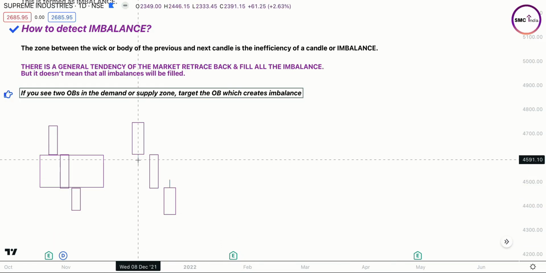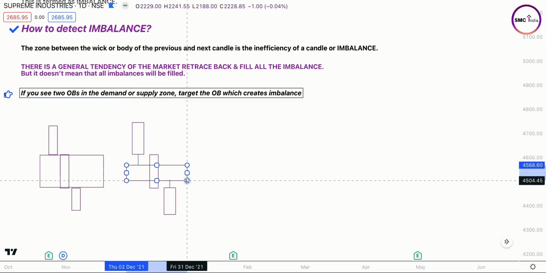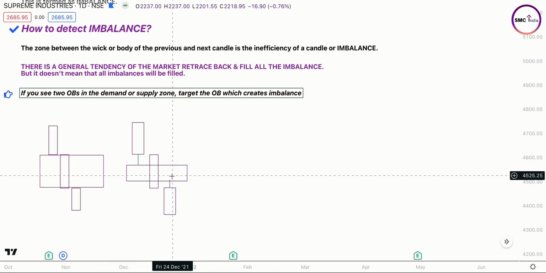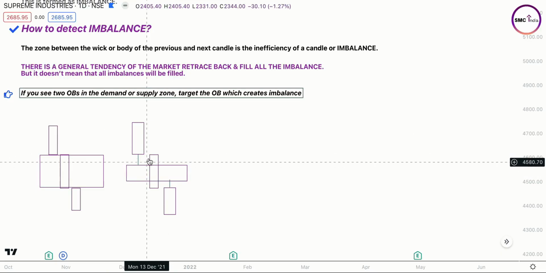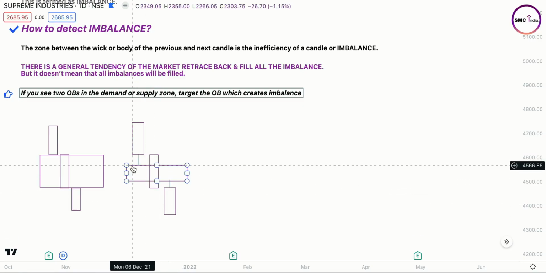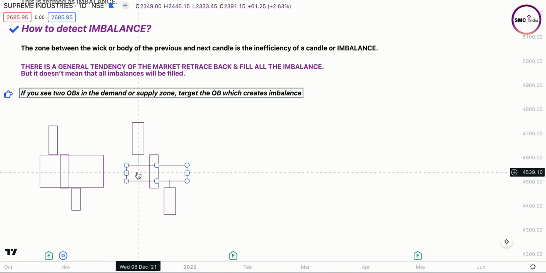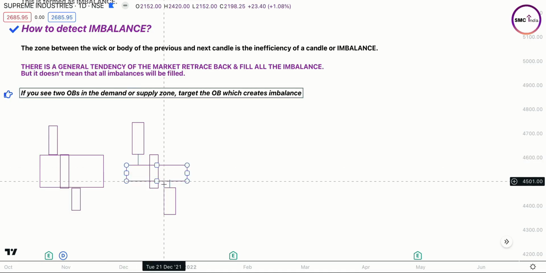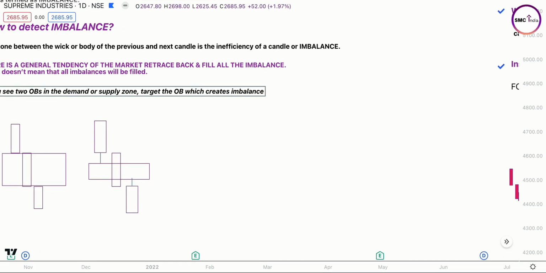So here you consider the wick. The zone between this wick to this wick is called the inefficiency. So when the price moves down, it actually doesn't move in an efficient way. What happens is that it falls rapidly. So the way to detect the inefficiency of a candle is the zone between this wick to this wick. Similar is the case for the buy candle.